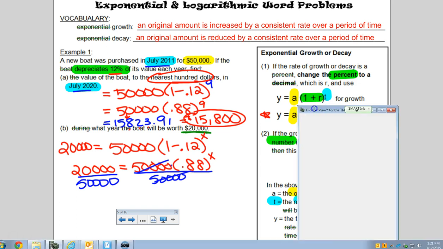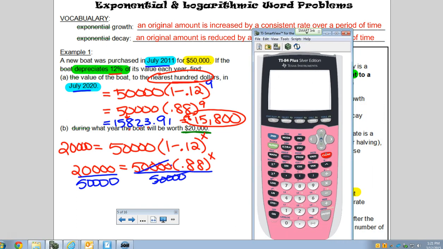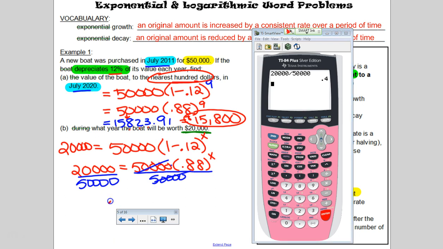Okay, so calculator. 20,000 divided by 50,000, and you get 0.4. So 0.4 equals 0.88 to the X power.